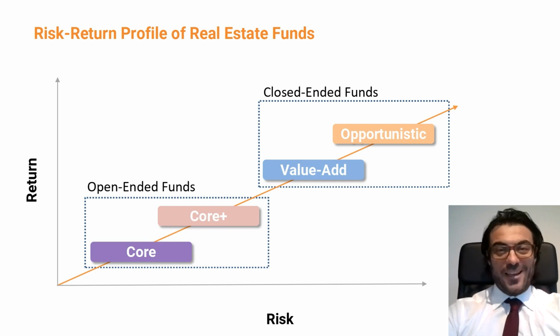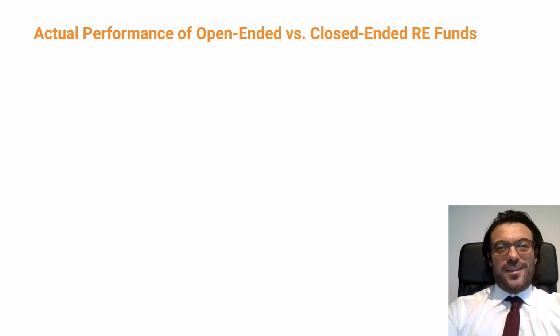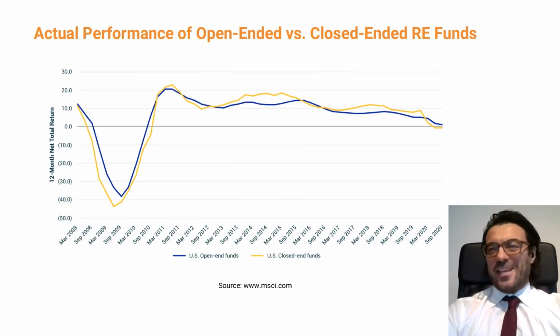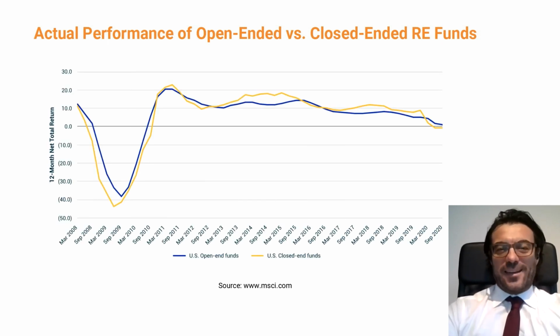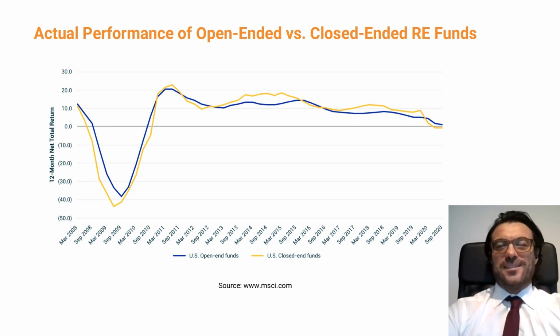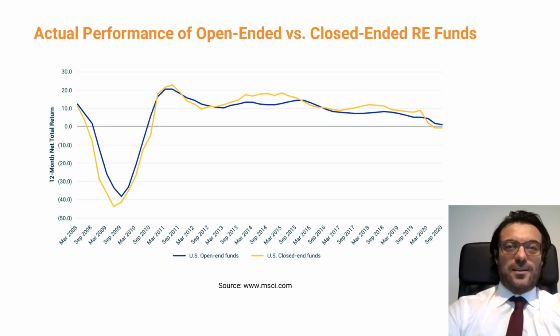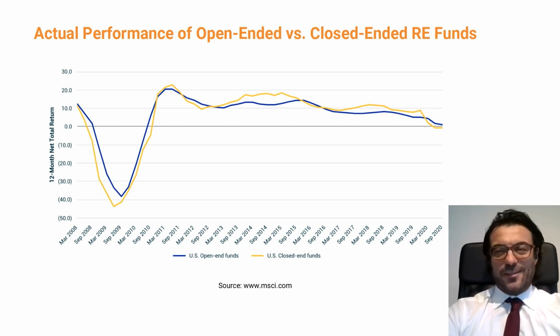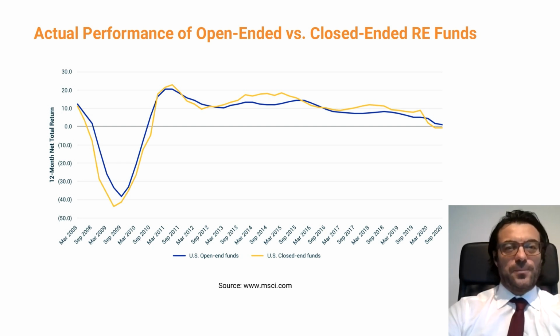Is that correct? Well, according to MSCI, on aggregate, the US open-ended funds have generated the same returns as the US closed-ended funds. So over the next few charts, I will try to explain why this might have happened and how it can be avoided when we build the portfolio.